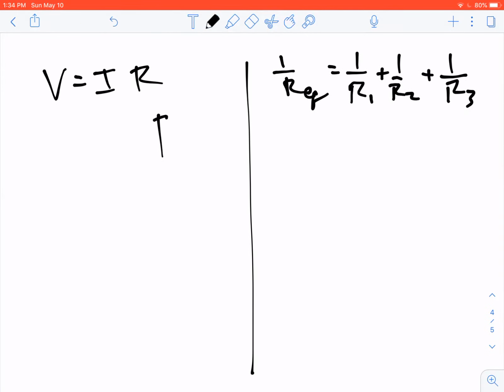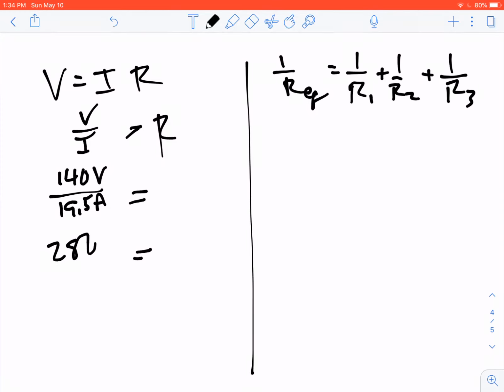We can do R equals V over I. That's 140 volts over 19.5 amps, and that works out to be 280 over 39, which is equal to 7.18 ohms.